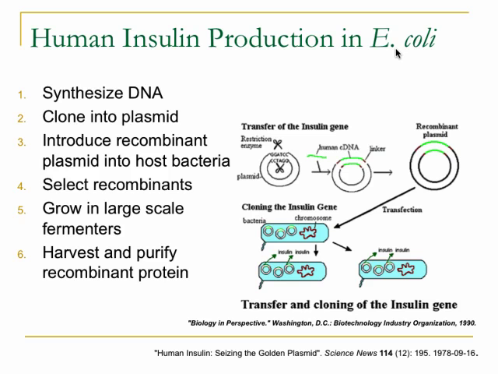So basically, by growing up a lot of these transgenic bacteria, they were able to have a lot of insulin be produced in the media that they were growing these bacteria in.